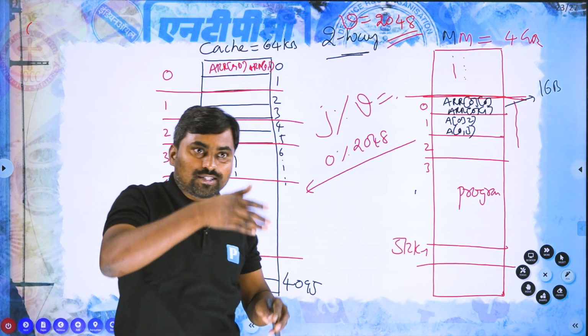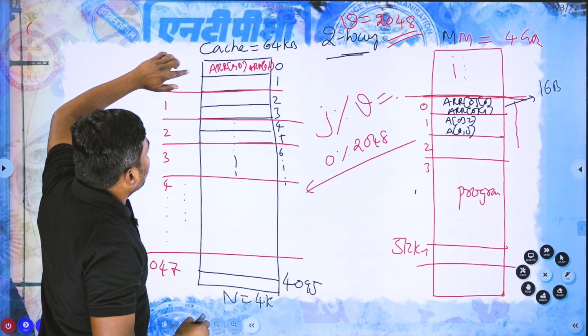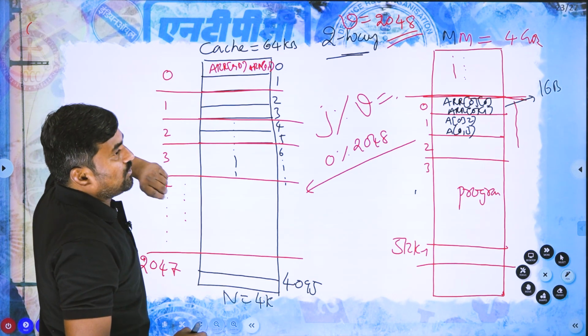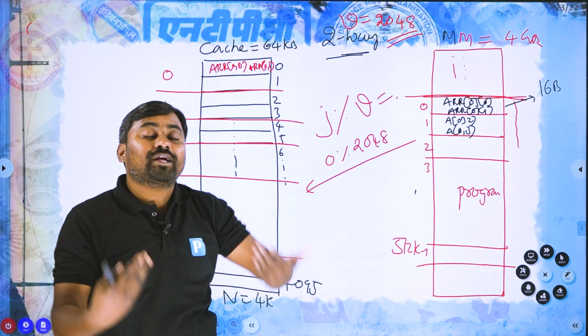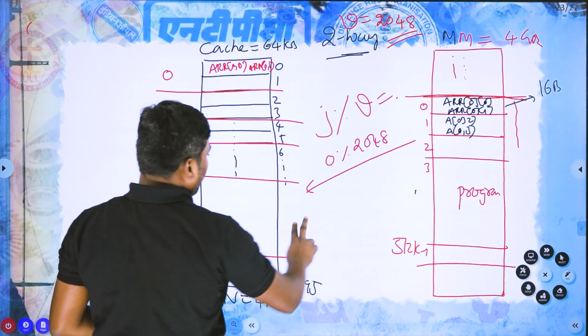So first you understand the sequence of loading here. One block will have 2 elements, correct or not? To complete one row, how many cache blocks are required? Are you getting my point? So I'm writing.